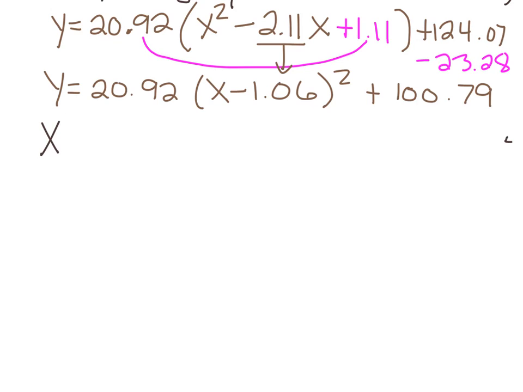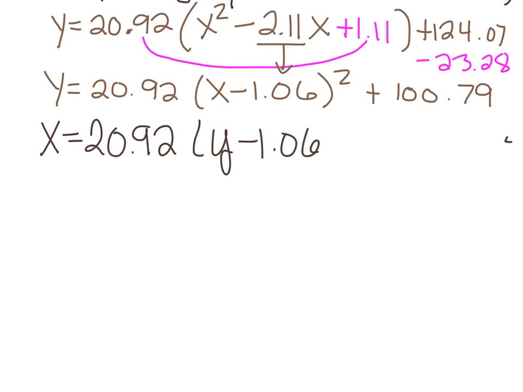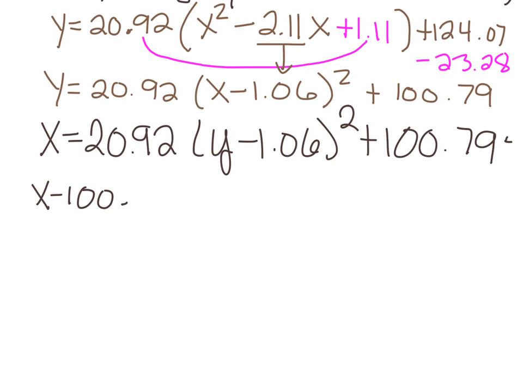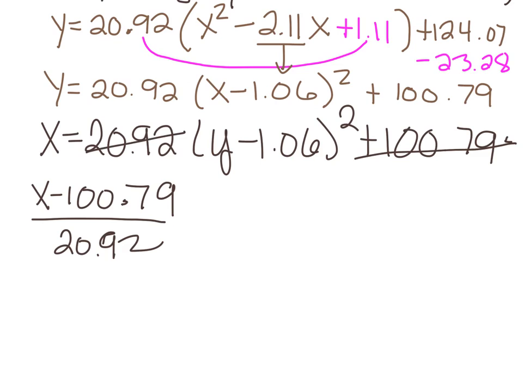So x now equals 20.92, y minus 1.06 squared plus 100.79, and we're going to subtract 100.79 from both sides. We're going to divide both sides by 20.92, and we're going to take the square root.